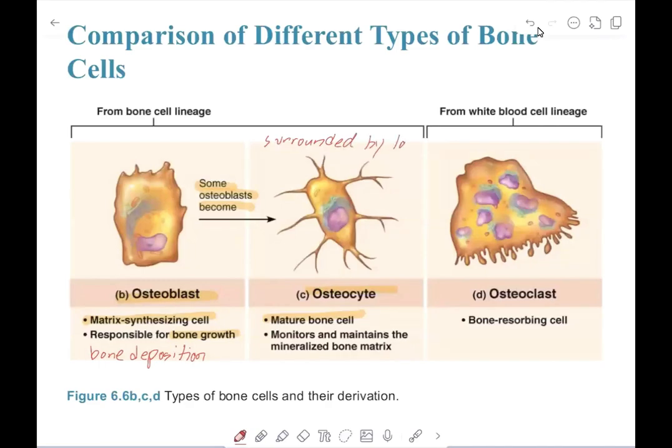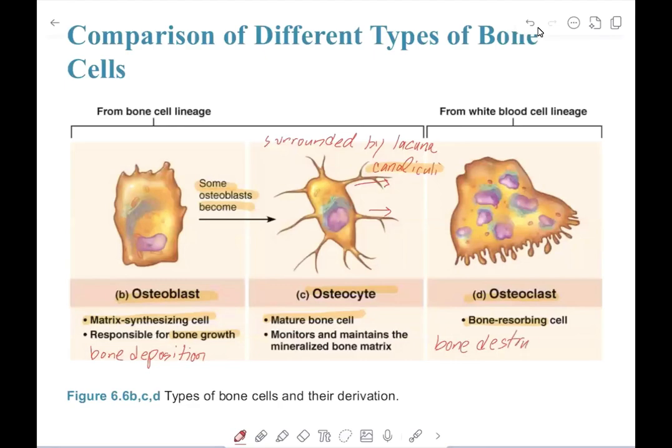So that's the cavity, remember, that they are located in. These extensions for the osteocytes that you see are what are located in very small canals called canaliculi, which we will be talking about coming up. Then there are the osteoclasts, the macrophage-looking cells, and they are responsible for bone resorption, which is also referred to as bone destruction.